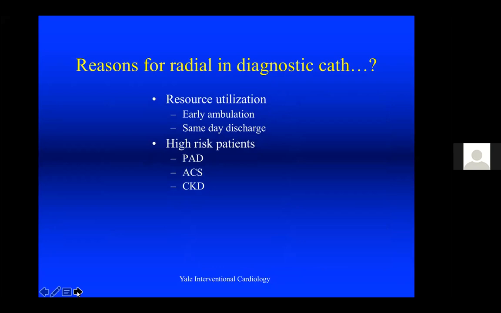And then in the next talk, I'll go through the data for acute coronary syndrome, why we favor radial access in ACS. A lot of data has emerged about the safety and benefit of using radial access in those patients with chronic kidney disease. I'll show a little bit of that today.